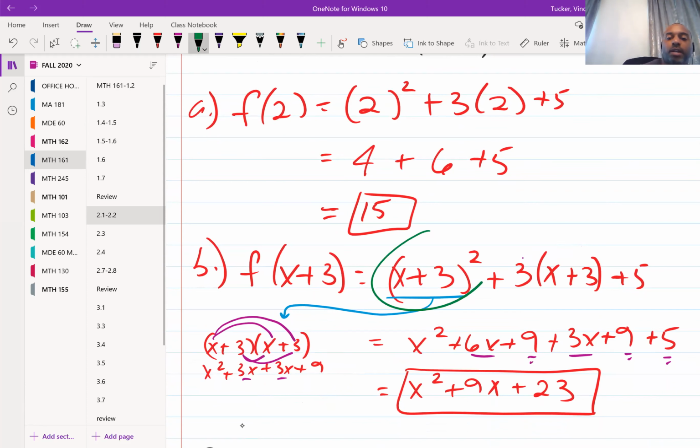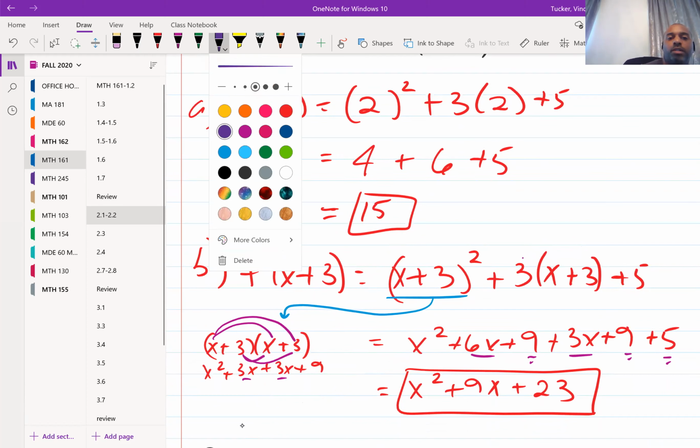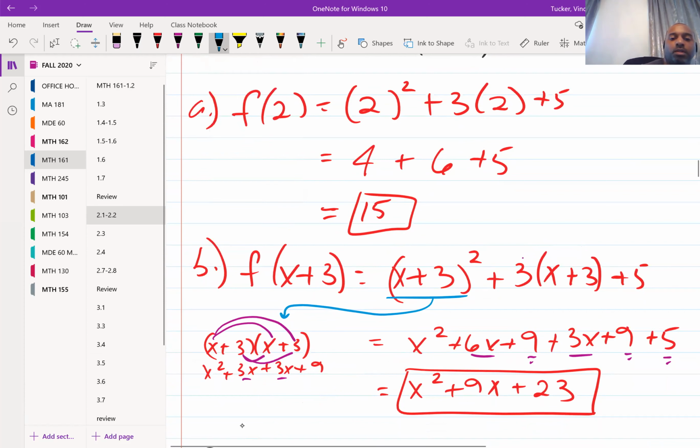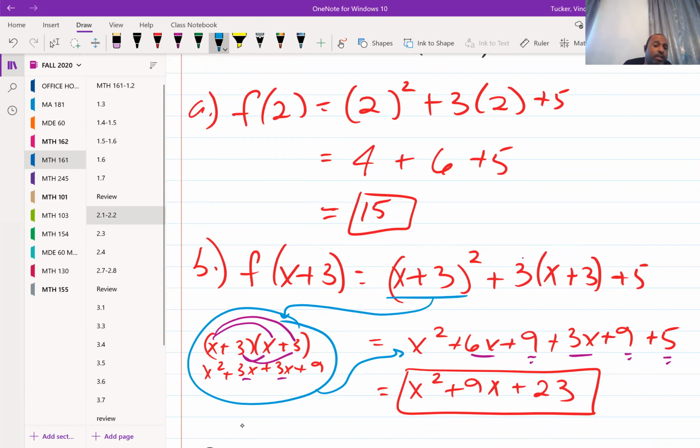So the first thing we had to do is expand x plus 3 squared. That is x plus 3 times x plus 3. And that's what I did right here. I think I'll go back to blue. And so that's your binomial distribution, x times x, x times 3, and 3 times x, 3 times 3.